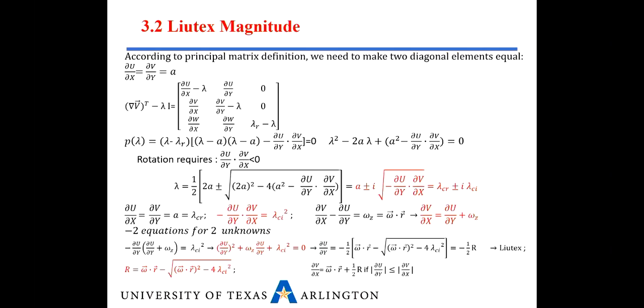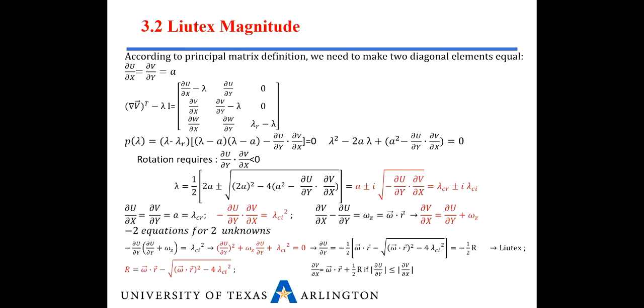This is called omega z, in this system we call the principal system. The omega z equals partial v, partial x minus partial u, partial y. So we can get this.